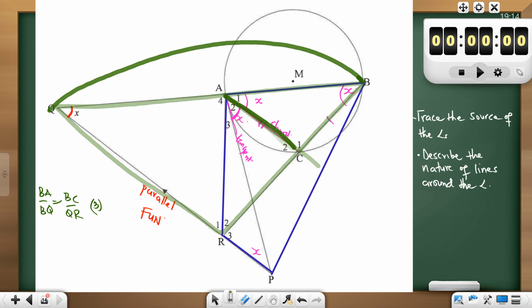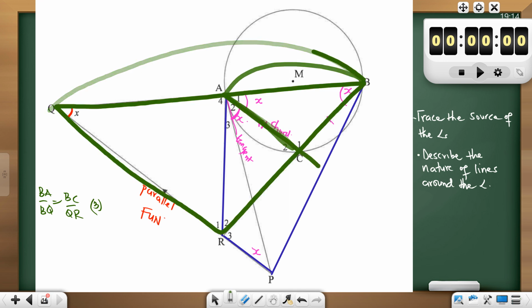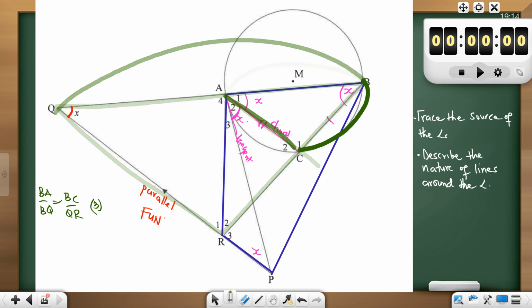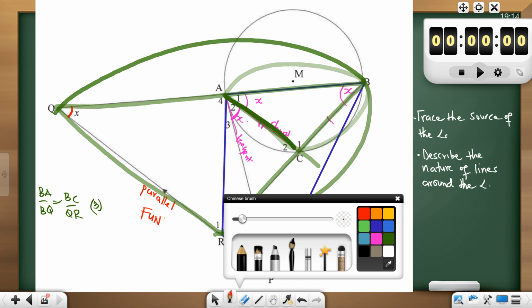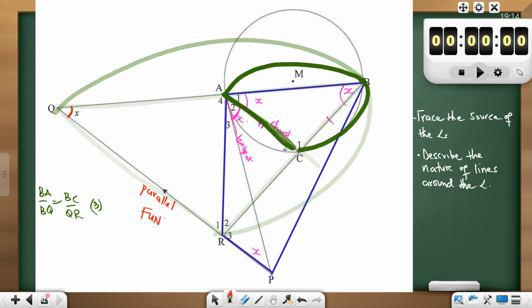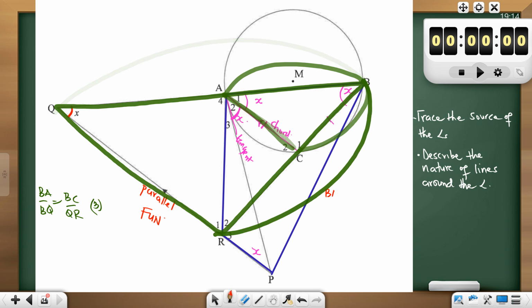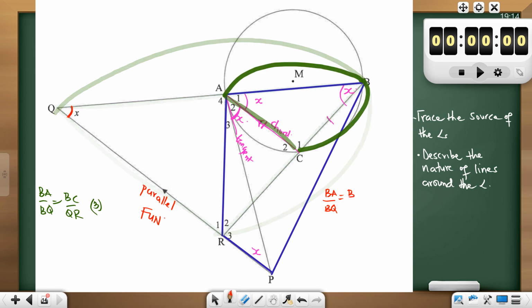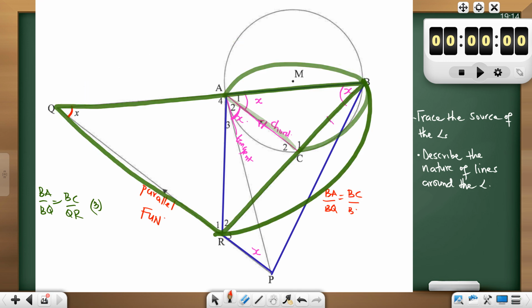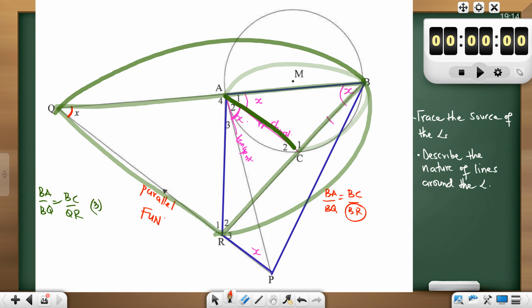It's proportionality. BA over BQ must be equal to what? BC over BR. And that actually answers 95% of the question. BA over BQ, already my left hand side is done. BC over BR. My problem is BR.